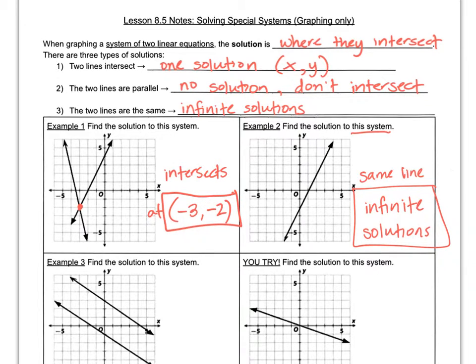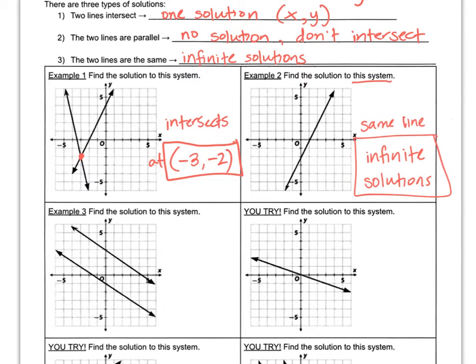And example 3. Now you can be very, very precise with this. You can see what the slope is because the slope tells us which direction it's going. So I'll just mention this really quick. From that point to, let's say, this point right here, it's going down 3 and over 2. Right, so that is the slope -2 over 3. That's rise and run.